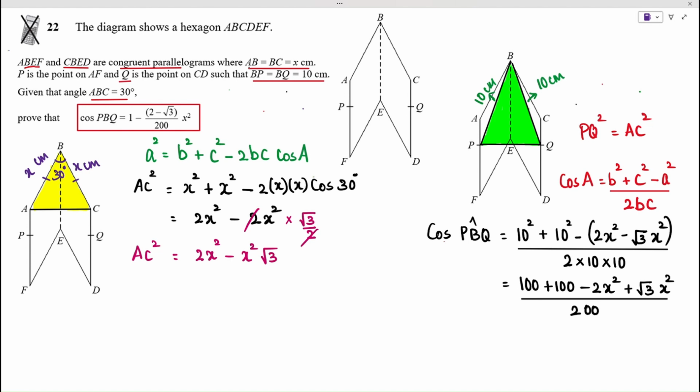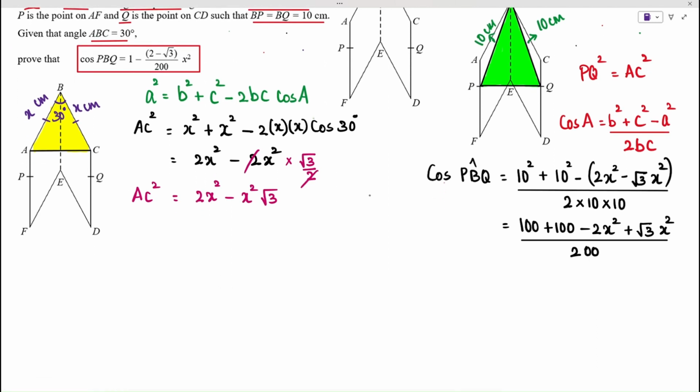Now what we can do is factorize the coefficients of x squared that we have here. So we add together 100 and 100, so we get 200 minus, and if we factorize out our x squared, we get x squared multiplied by 2 minus root 3, because we've taken minus x squared out of both values, and we have this all over 200.